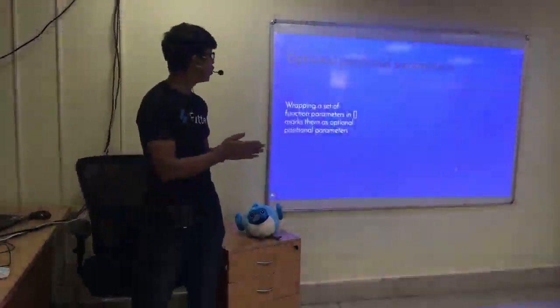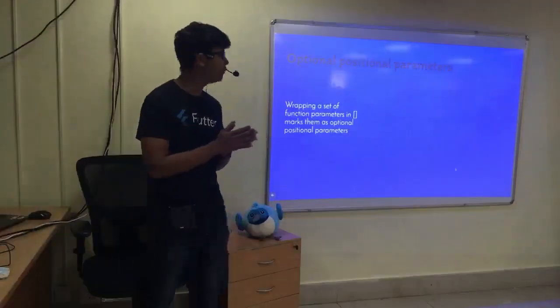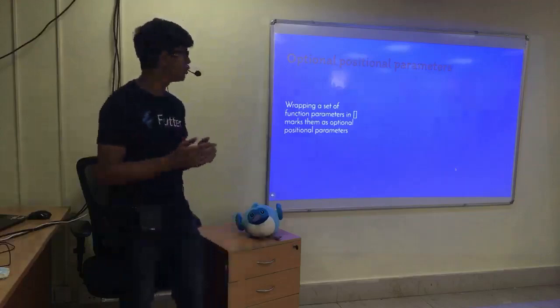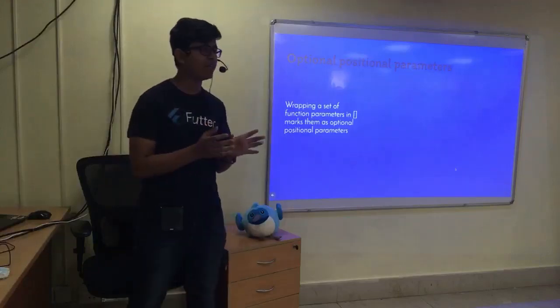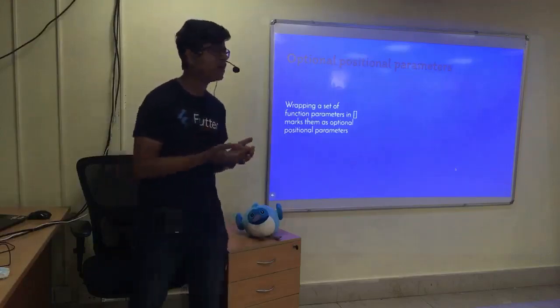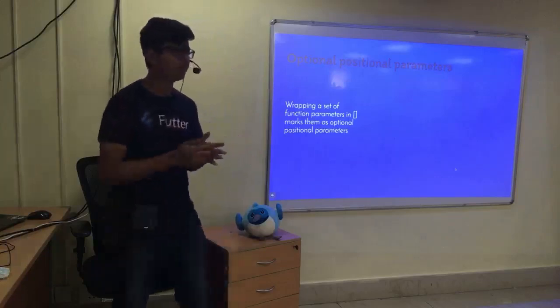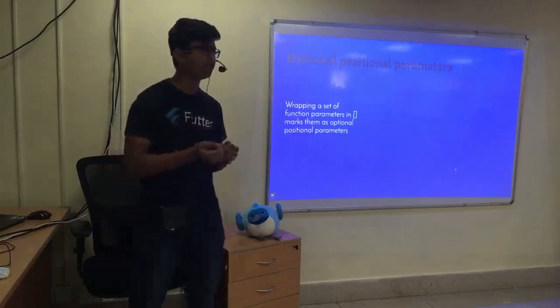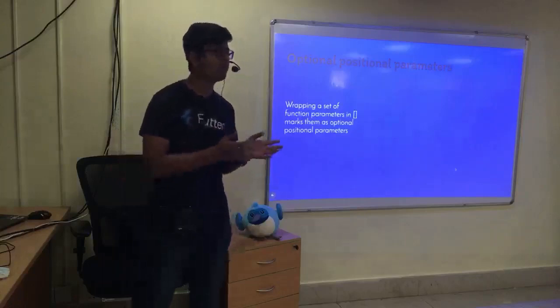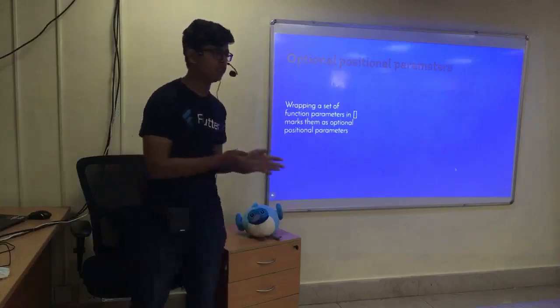So, coming back to optional parameters. Optional parameter means, like I told, suppose we want to specify only some parameters. Suppose we are creating a model for a student. A student might be a commerce student or a science student.